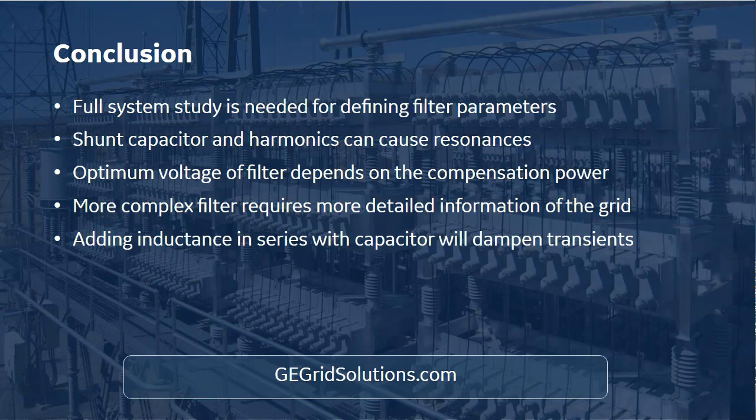Optimum voltage of filters depends on the compensation power. A more complex filter requires more detailed information of the network. By adding inductance in series with the capacitor, we dampen the transient. So these were my conclusions, the five most important things, at least in my opinion, to remember from this.